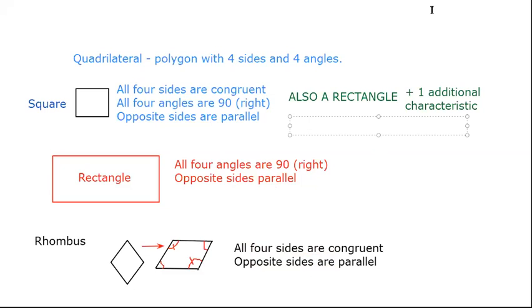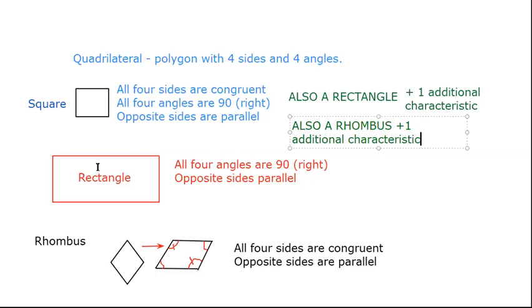It's a rhombus plus one additional characteristic. Squares fall both into the category of rectangles and rhombuses.